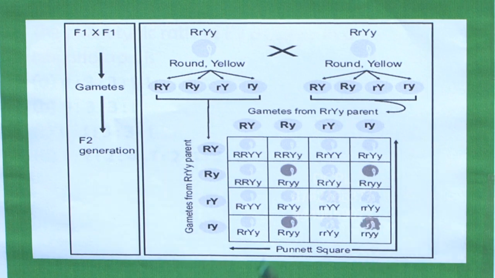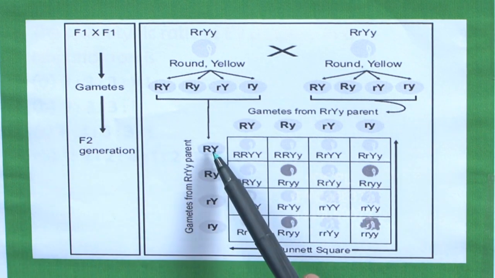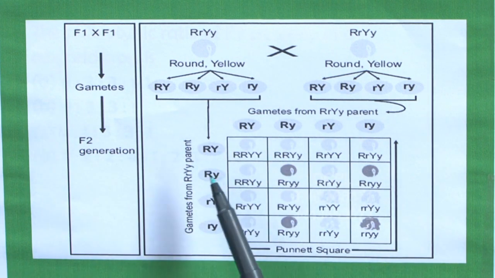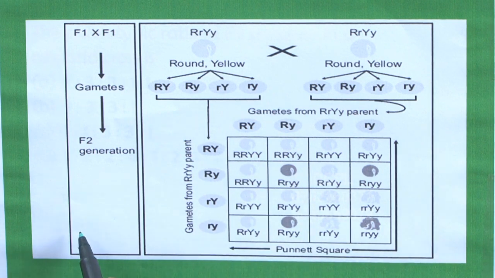For example, we take 4 gametes of one plant here, 4 gametes of another plant here, and when you cross these two, we get the ratio of 9:3:3:1. The 9 indicates plants producing round and yellow seeds, 3 indicates round and green seeds, the other 3 indicates yellow and wrinkled seeds, and the last one indicates green and wrinkled seeds.